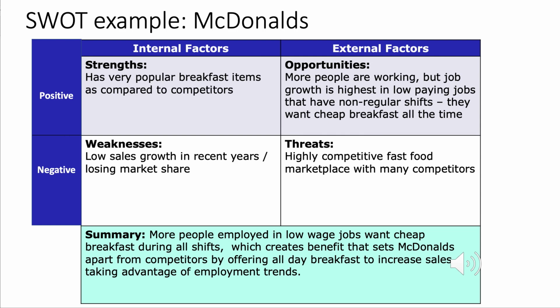To summarize, more people employed in low-wage jobs want cheap breakfast during all shifts, which sets McDonald's apart from competitors by offering all-day breakfast to increase sales, taking advantage of the employment trends.